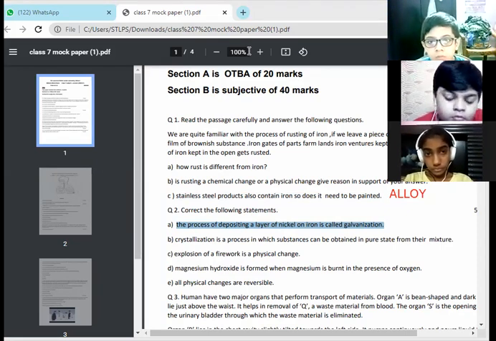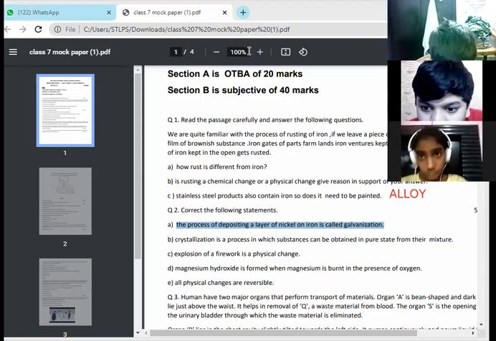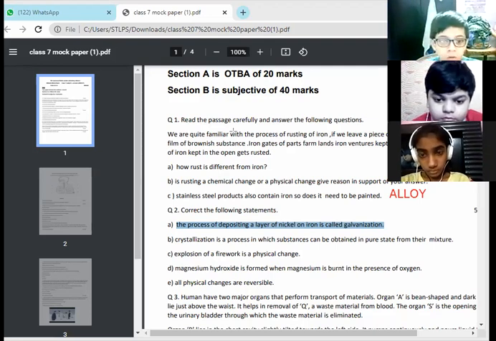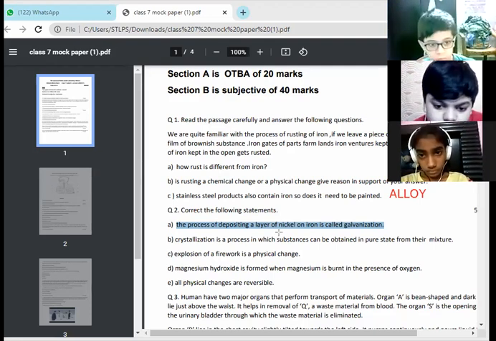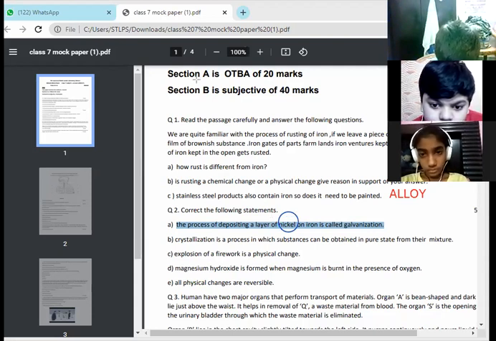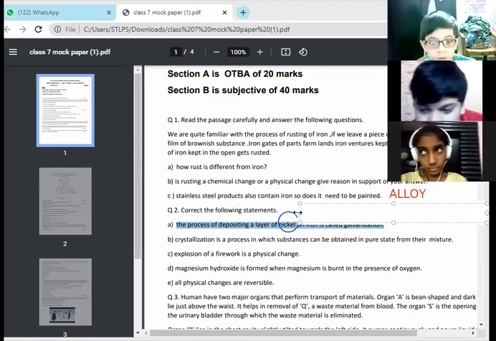I think you are still not right. Check your words. Yes, Tanvi? The process of depositing a layer of zinc on iron is called galvanization. Yes, it is a layer of zinc, not of iron. So just mind it, everyone. Instead of nickel, there will be zinc.